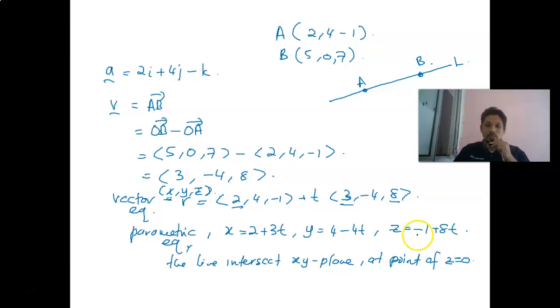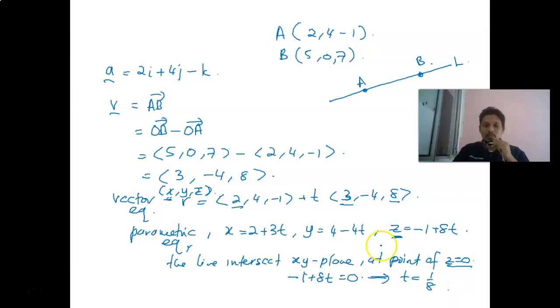So when z equals 0, negative 1 plus 8t equals 0. From here we get t equals 1 over 8.